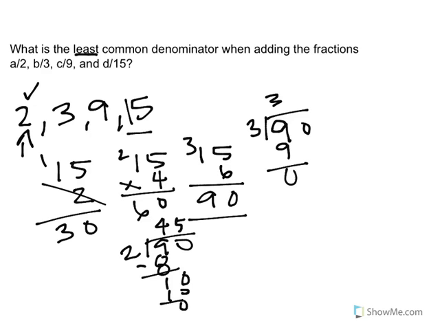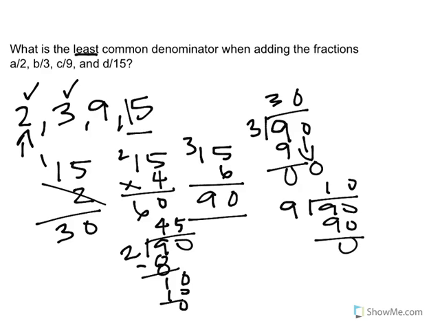That gives us 9. Bring down our 0. 3 goes into 0 0 times. So 3 times 30 is 90. That checks out. Well, we know 9 goes into 90 10 times. So that checks out. And we know that 15 times 6 goes into 90. So that checks out. So our lowest possible common denominator is 90.